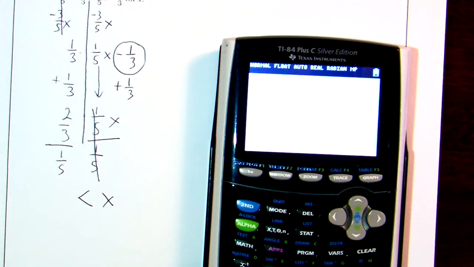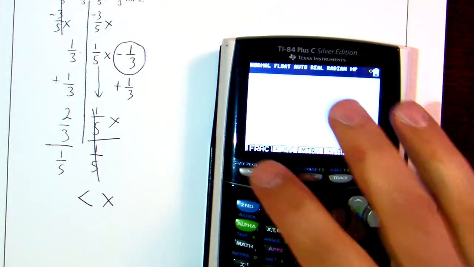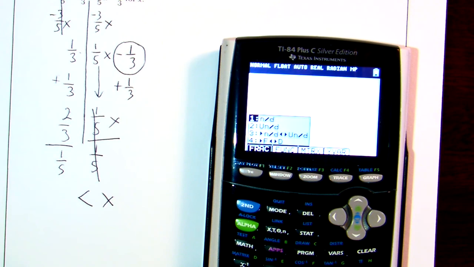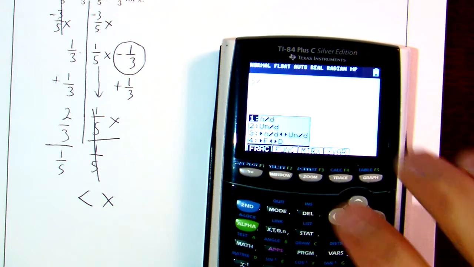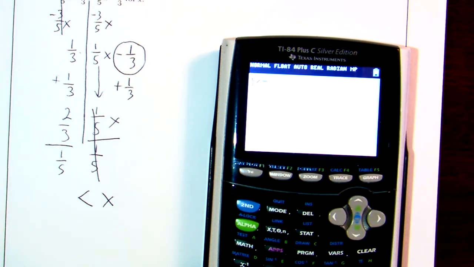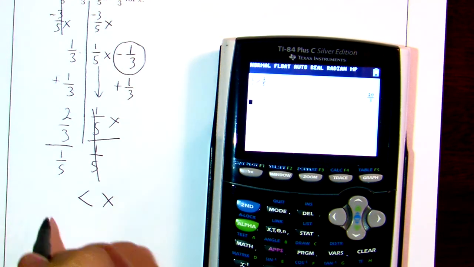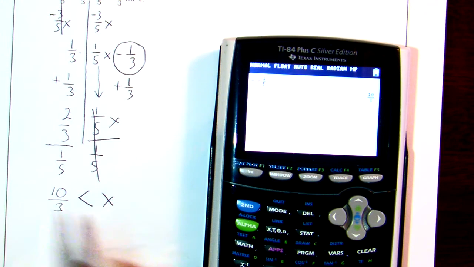Clear everything out. So it's going to be 2/3 divided by 1/5. So alpha y equals, let's put 2/3 in. Divide, another fraction, 1/5. Enter, and you get 10/3. And that is your answer.